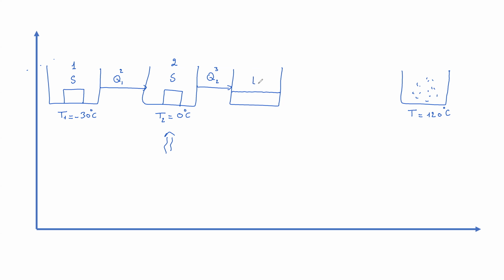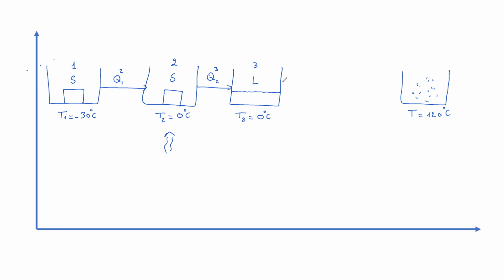We have liquid. So this is the third state. The temperature is constant. You know, this is a property of the water. If we have a phase change, the temperature doesn't change. It's constant.